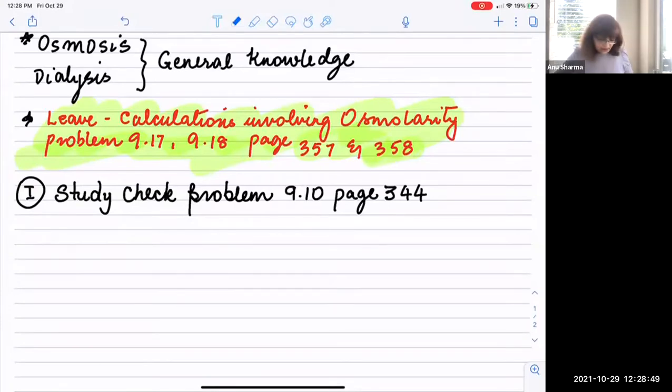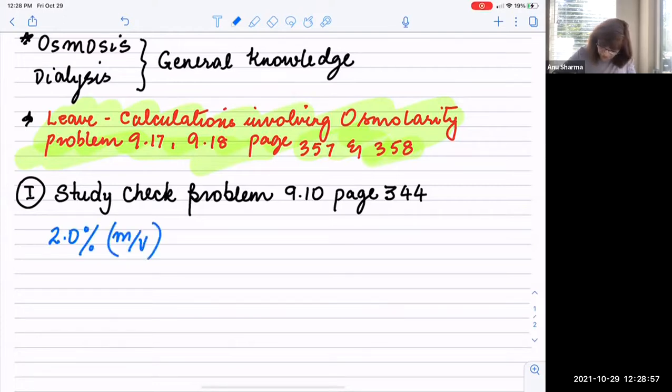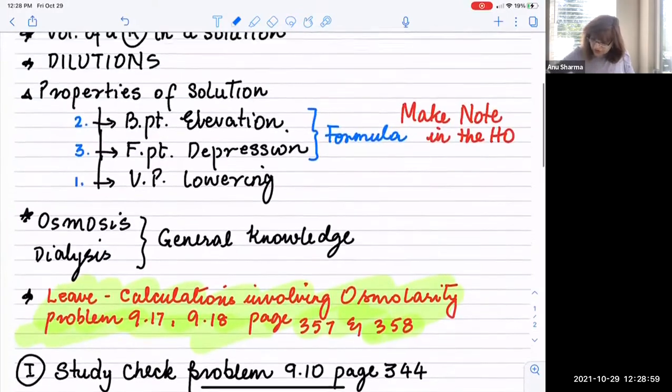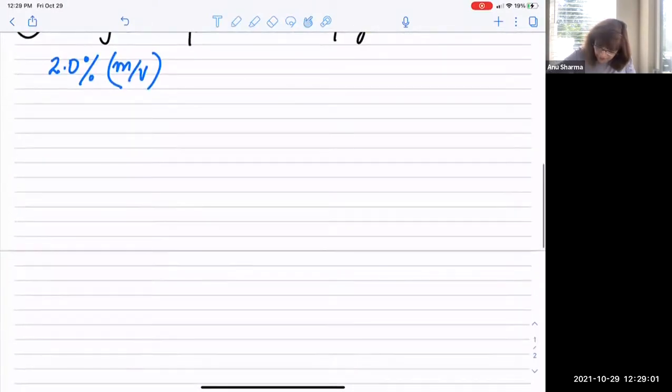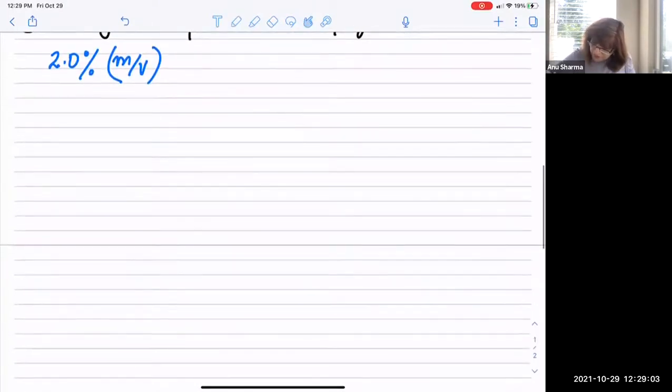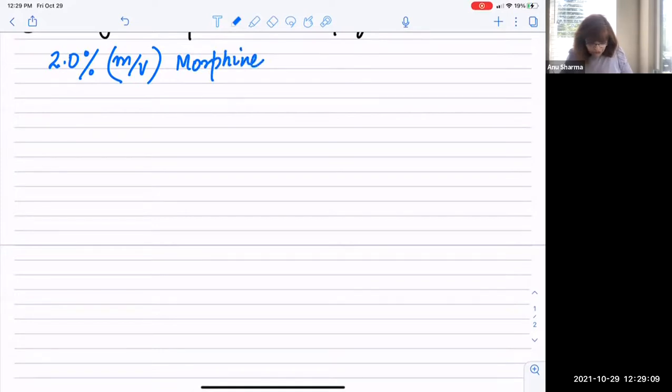In 2010, the FDA approved 2.0% mass by volume morphine oral solution to treat severe or chronic pain.